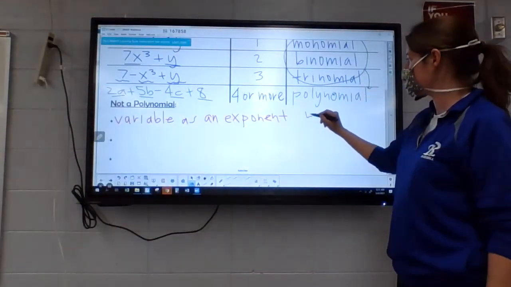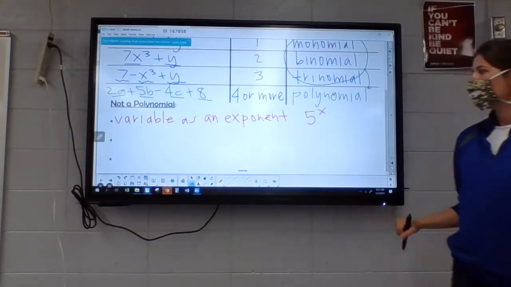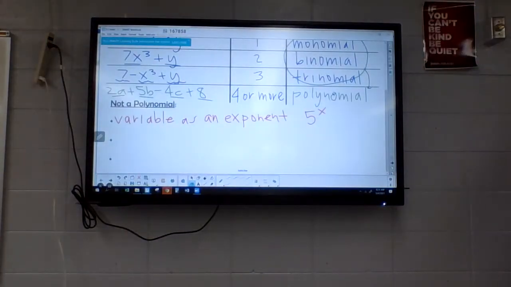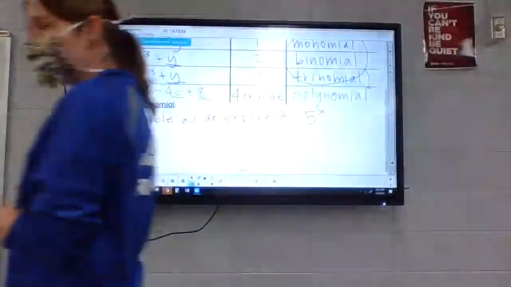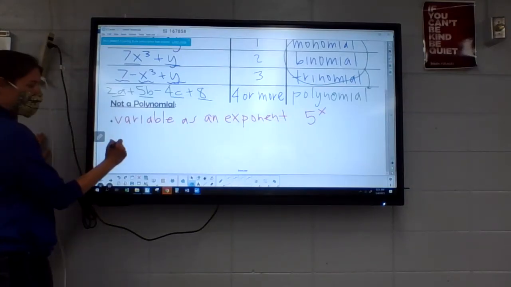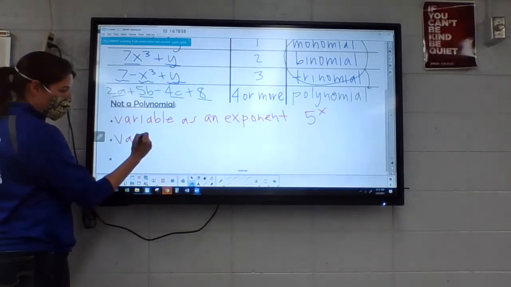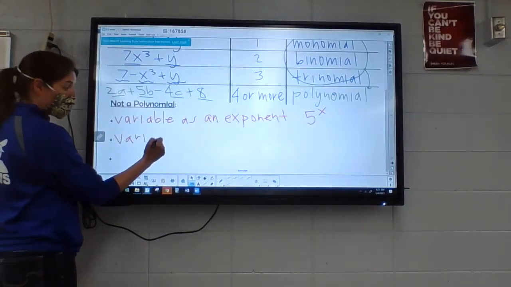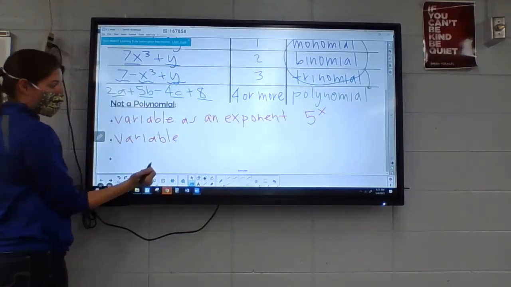So an example of something that's not a polynomial is when we have a variable as an exponent. Now this is something that can happen eventually, in algebra 2 and pre-calc, but we're not going to deal with those. Something with a variable as an exponent. We also can't have a variable in the denominator for a polynomial. Now we've had that, but then it's not a polynomial.